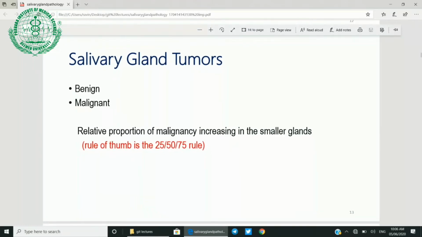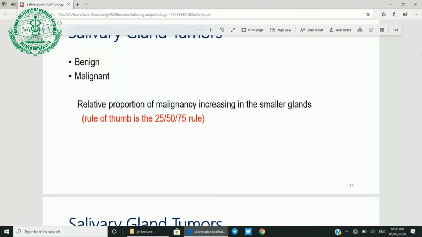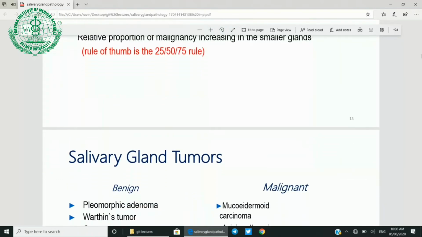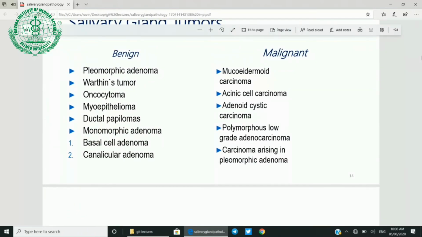By and large, tumors are classified as benign and malignant. In benign tumors, two things you have to remember: Pleomorphic Adenoma and Warthin's tumor. In malignant, three: Mucoepidermoid Carcinoma, Adenoid Cystic Carcinoma and Acinic Cell Carcinoma. So this is the list for tumors.